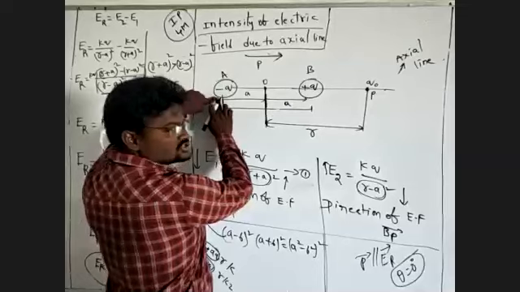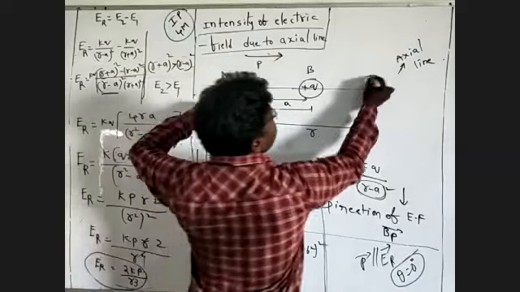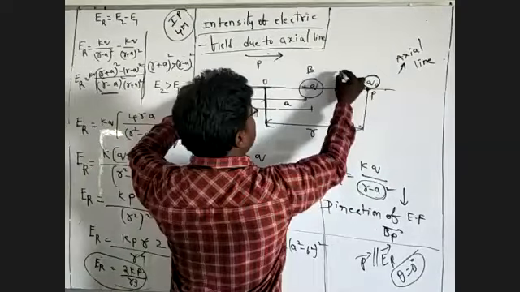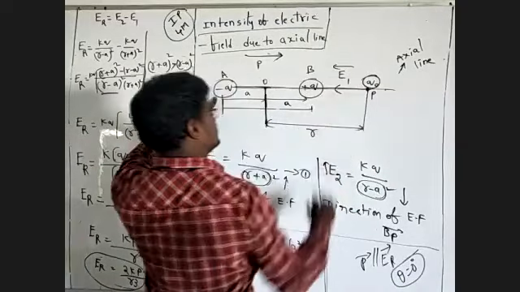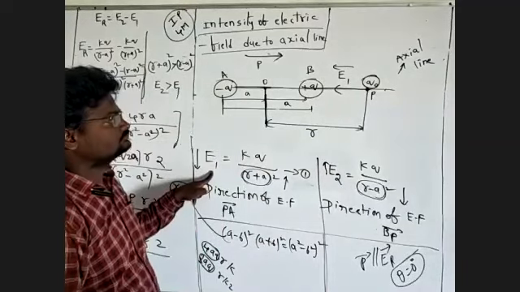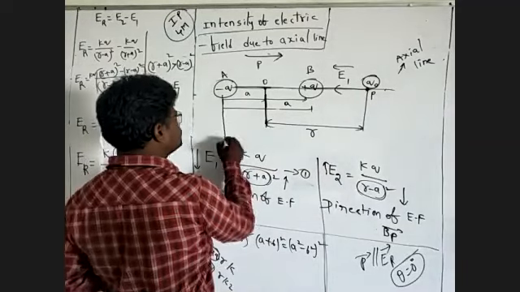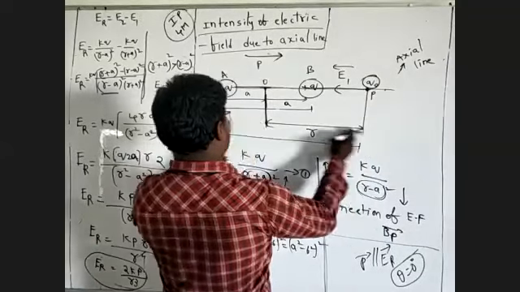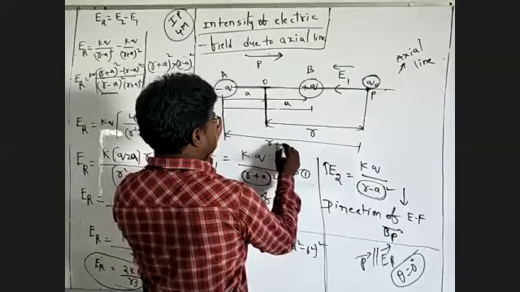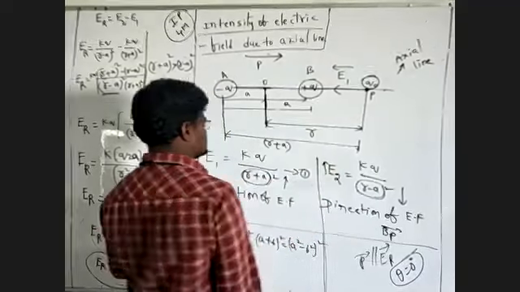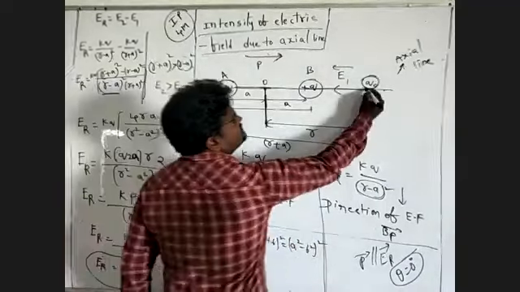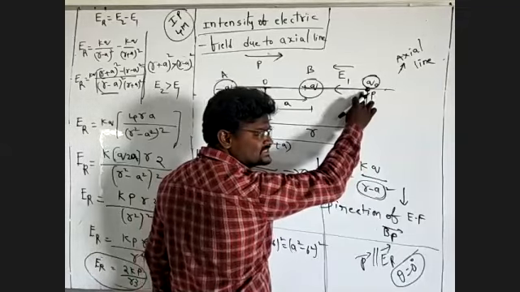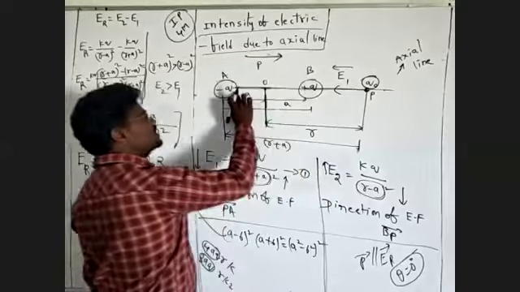Now we will see. This is the negative charge. The negative charge attracts in this direction. That is the direction of the electric field, this is E1. The distance between the two charges, from here to here, is R plus A. At this point, we have to calculate the intensity of the electric field due to the charge.